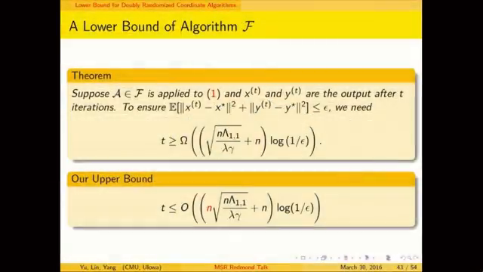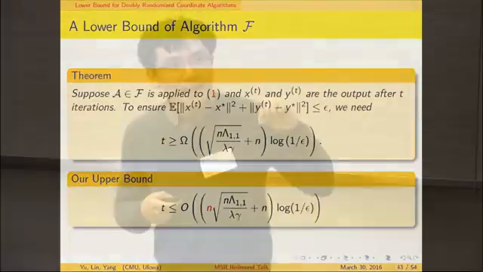Suppose we apply any algorithm of this type to the set up problem 1, and the output is xt and yt. Then to make sure that the primal-dual gap is less than epsilon, we need this number of iterations to converge.